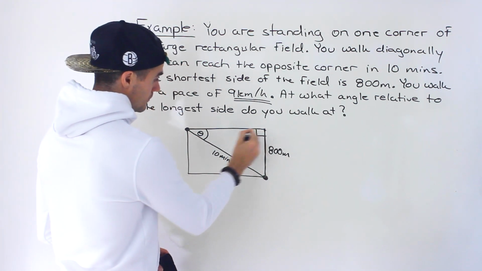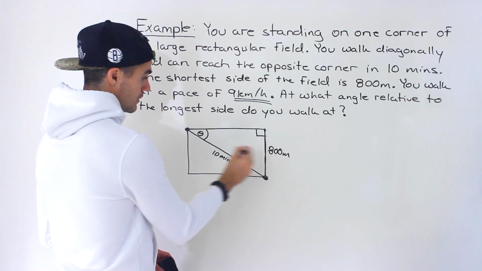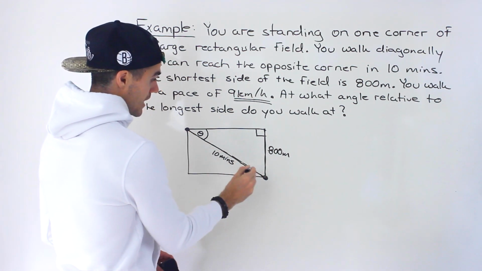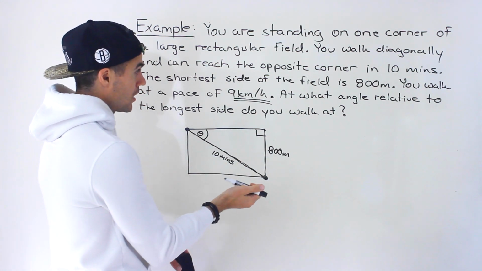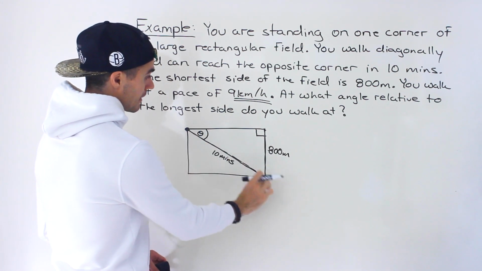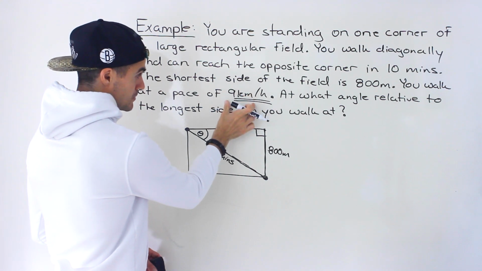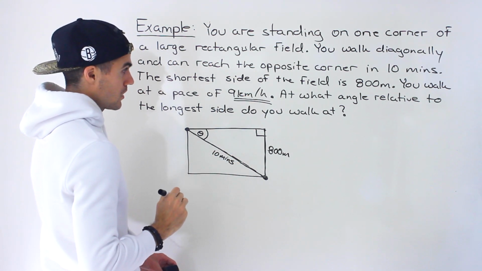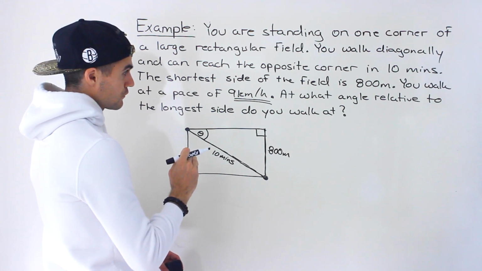And so we'll be able to solve for this angle using the shortest side that we're given and this diagonal side, which in the case of a right triangle is just the hypotenuse. But we have to actually find the length of this side. And again, we could do that by using the speed at which you're walking and the time you're walking. But notice that this is all in different units.